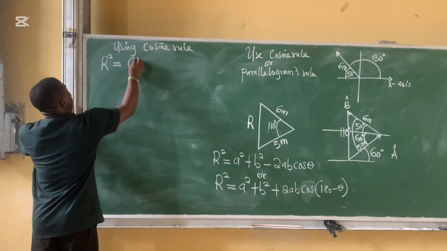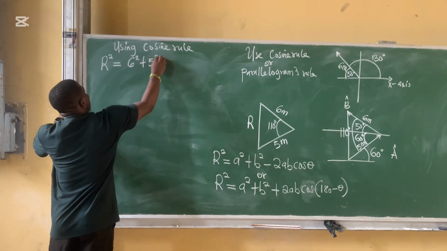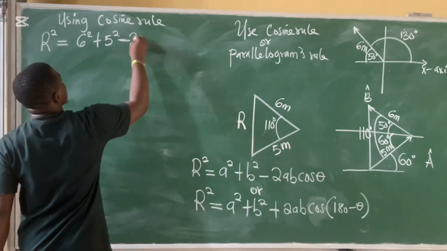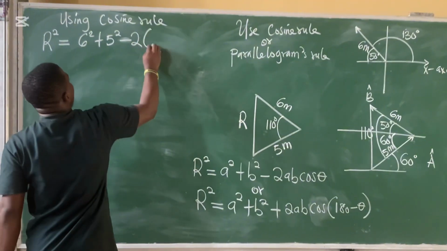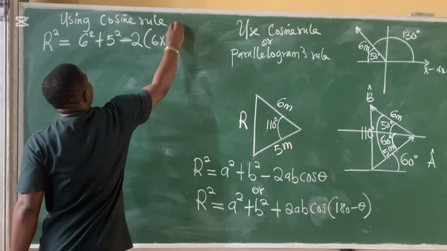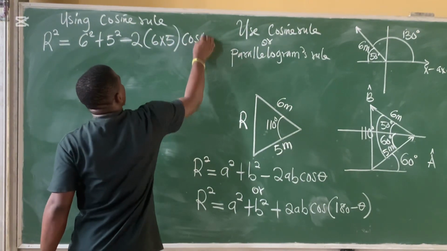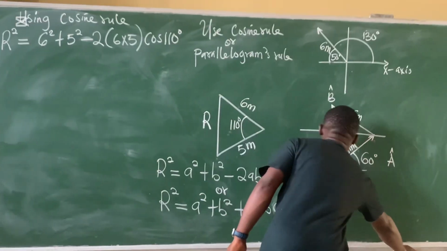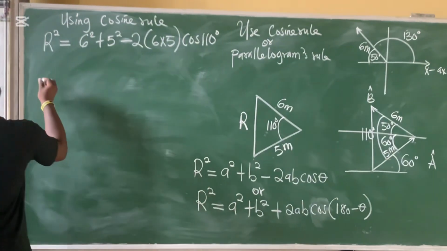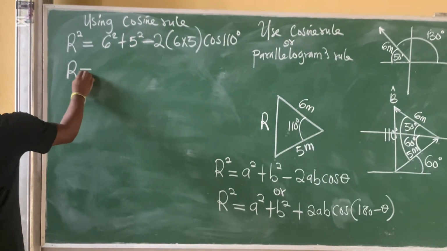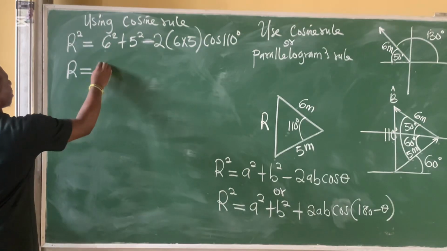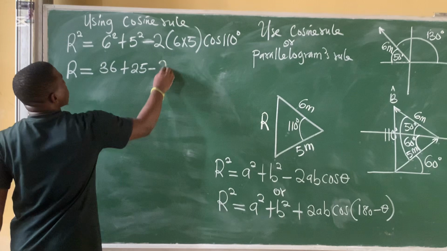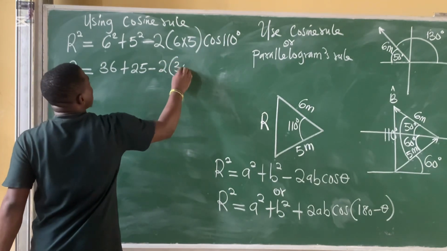So I have 6 squared plus 5 squared minus 2 times 6 times 5 times cos 110 degrees. So finally, R is equal to the square root of 6 squared, which is 36, plus 25, minus 2 times 6 times 5, which is 30.